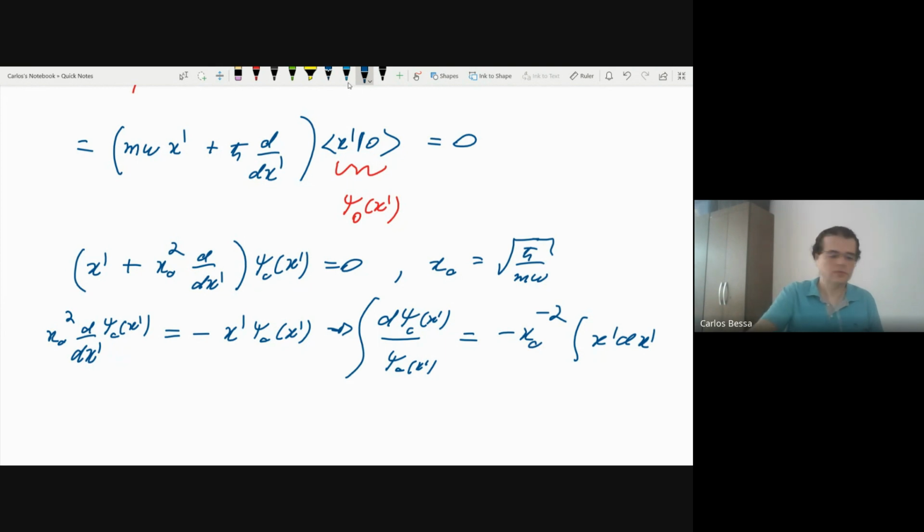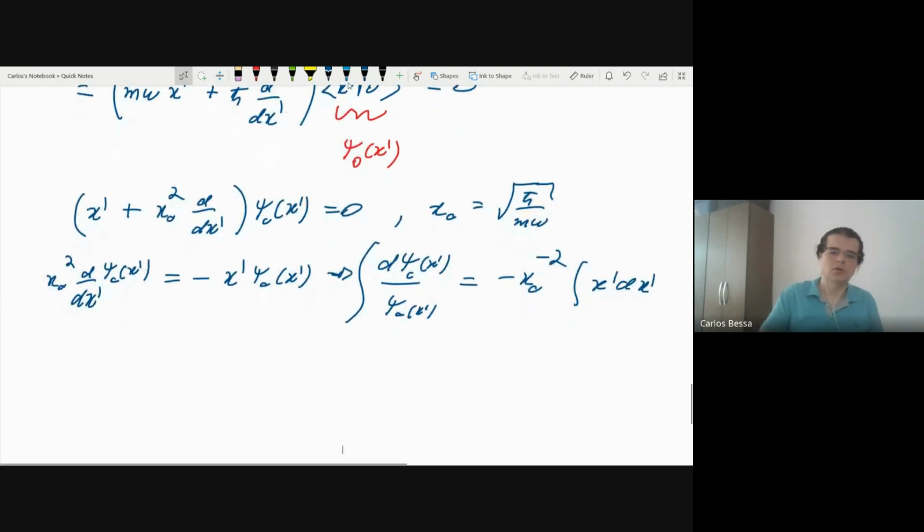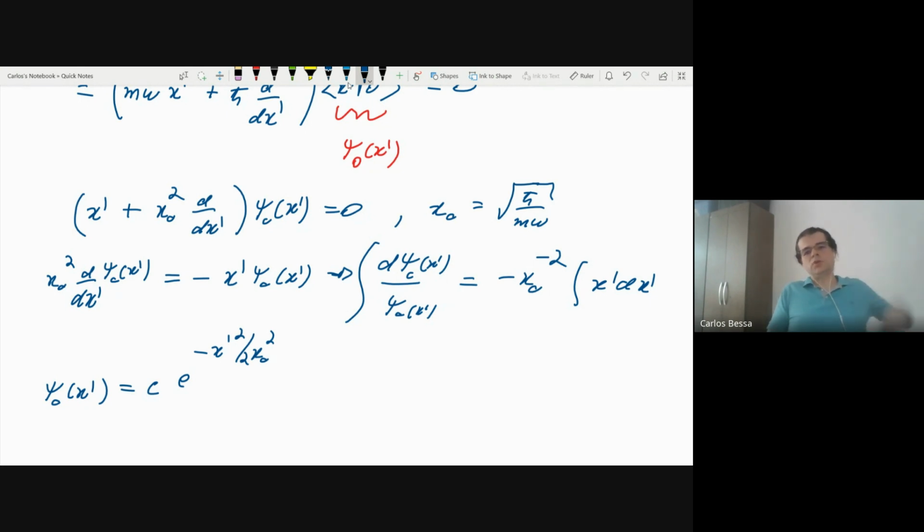And the result will be psi 0 of x prime, a constant, times exponential of minus x prime squared over x0 squared, over 2. The 2 is here because when you integrate, this will be x prime squared over 2. So this is the psi 0. We still need to normalize.